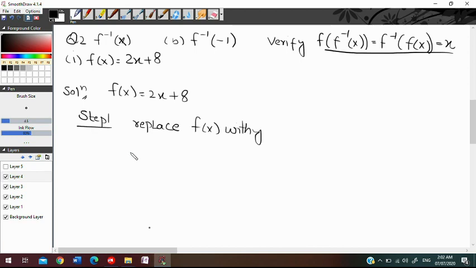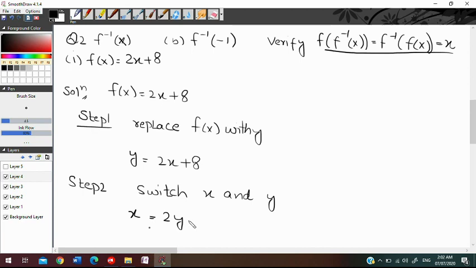So we write y is equal to 2x plus 8. This is our first step. Now step 2: we switch x and y. Instead of y, we write x, and instead of x, we write y.